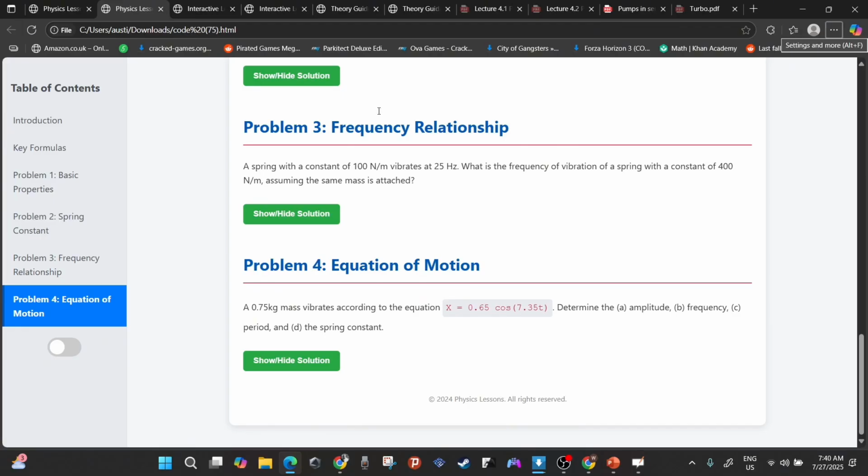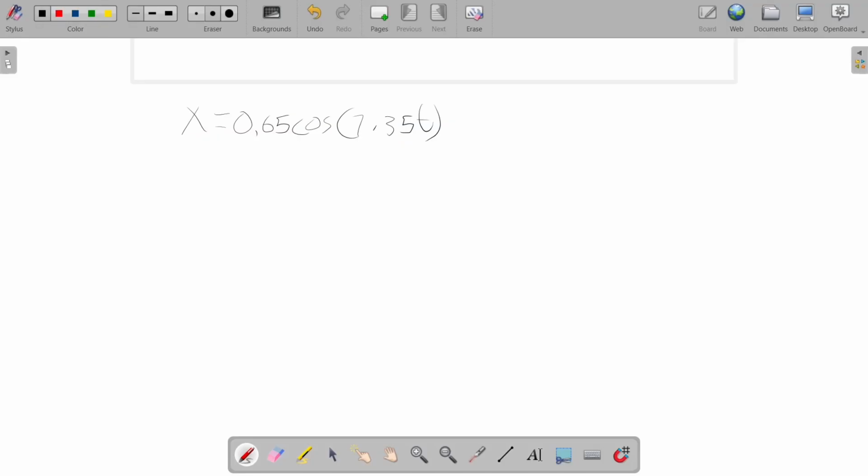Then they ask us to determine the amplitude first. That's basically the maximum displacement it goes to. What do we know? We know that the standard form for this formula is A cosine omega t plus phi. So what can we start to notice already? Phi is equal to 0.